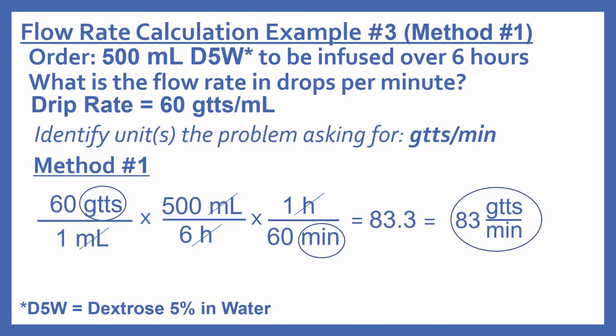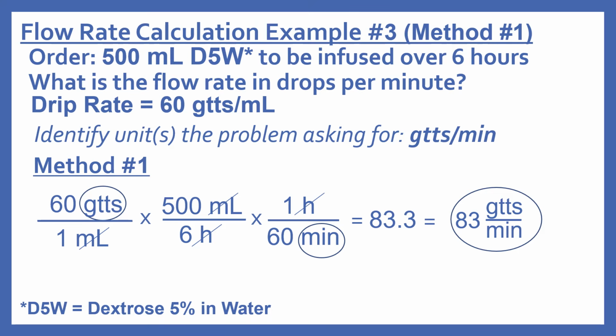So with method 1, we know our drip rate is 60 drops per milliliter. We'll multiply that by 500 milliliters per 6 hours. So we have a milliliter on the top and a milliliter on the bottom, and those cancel. And then we know there's 1 hour per 60 minutes, so we'll multiply that by 1 hour over 60 minutes. So we have an hour on the top, an hour on the bottom, and those cancel.